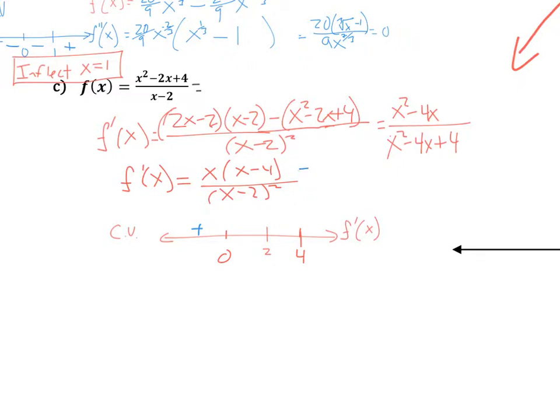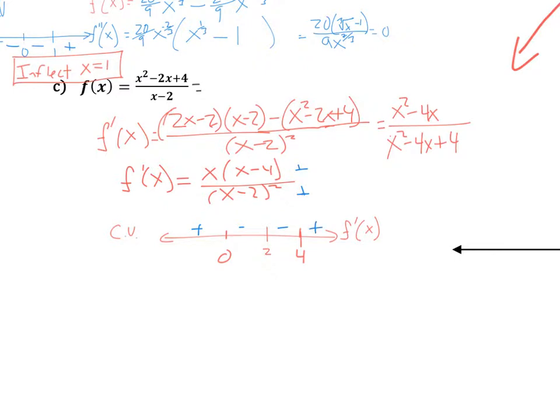This will be negative on top, and this will be positive. Bottom's always going to be positive, right? And so we plug in 2. Actually, let's go for a 3. 3's in between here. Plug in 3. You're going to get positive here, negative, so the whole top's going to be negative, and the bottom's going to be positive as usual. And let's plug in something like 5. 5's going to give us positive on top, and always going to be positive on bottom.